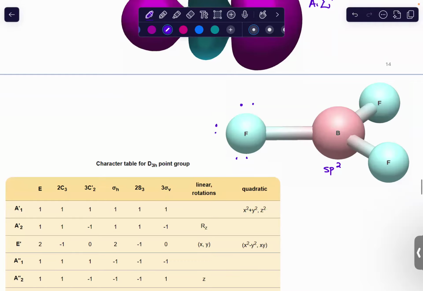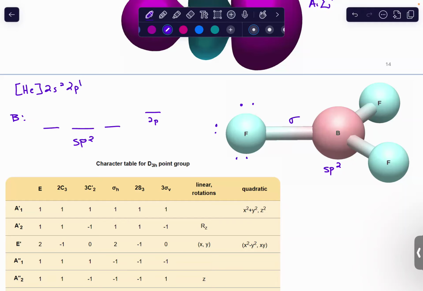Of course your boron is going to come out with its sp2 orbitals. But there's a problem here, because then it leaves a 2p orbital, and your boron has the electron configuration 2s2 2p1.